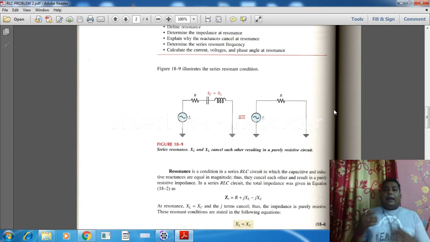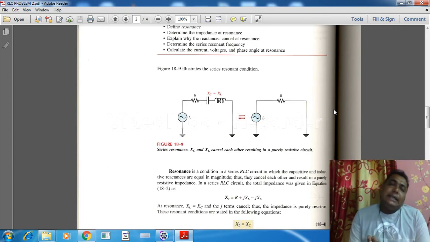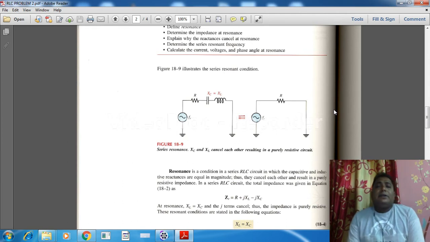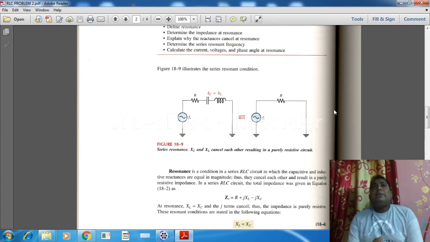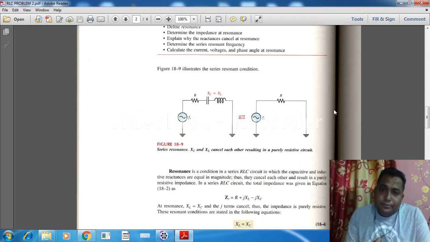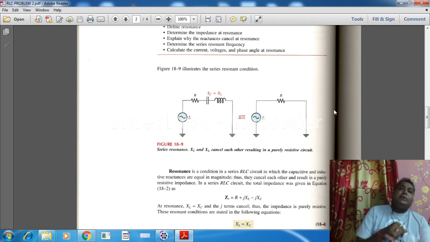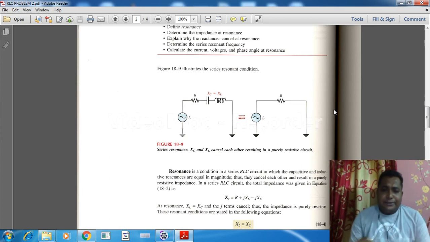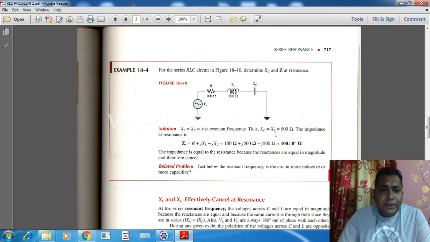When we do the RLC parallel circuit, we will find the condition is reverse. That means the impedance is not minimum, it is at the maximum, and so the current is minimum in case of the RLC parallel circuit. We have already discussed this in the previous class.